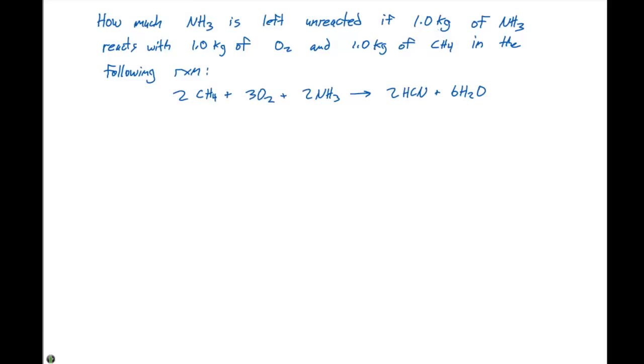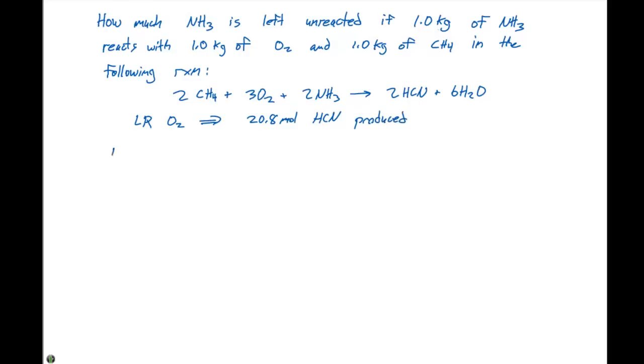So same reaction from the previous problem. We know from the previous problem, the limiting reactant is going to be O2, and that 20.8 moles of HCN is going to be produced.